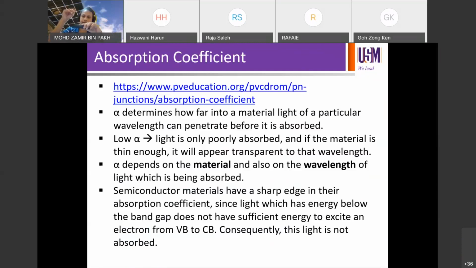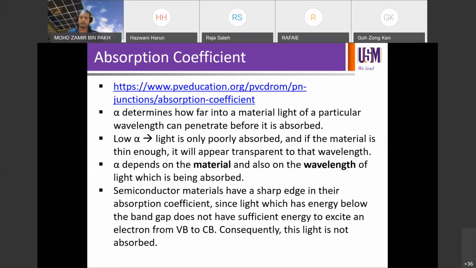Say you have a thick material, and this is your photon of wavelength X. Whether the photon is absorbed near the surface, in the middle, or at the back of the material, depending on the thickness, will depend on the absorption coefficient. So it determines how far the incident photons are absorbed into the material.